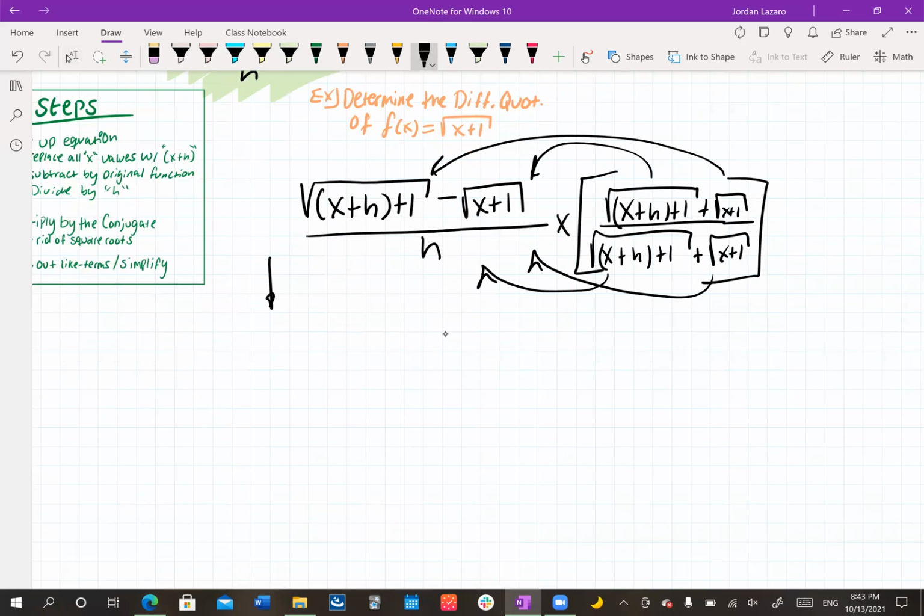So what is the square root of x plus h plus 1 times the square root of x plus h plus 1? So let me write this down here just to give you a bit of a more visual approach in case you guys are a little bit rusty on multiplying square roots, right?